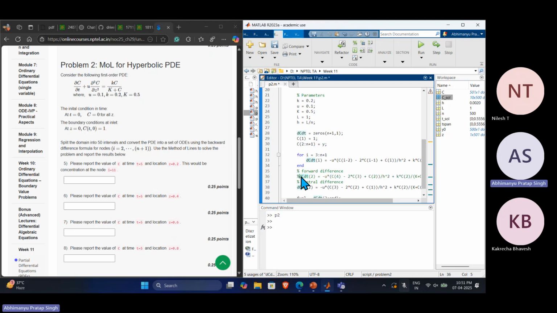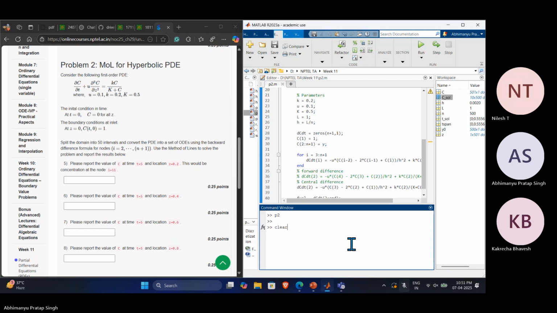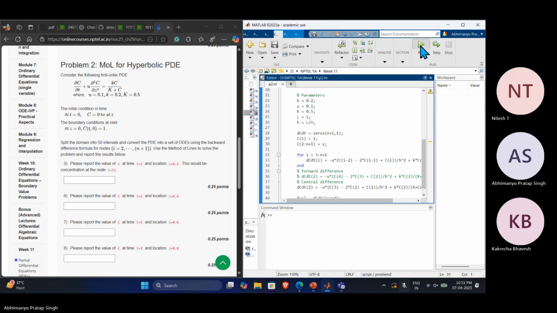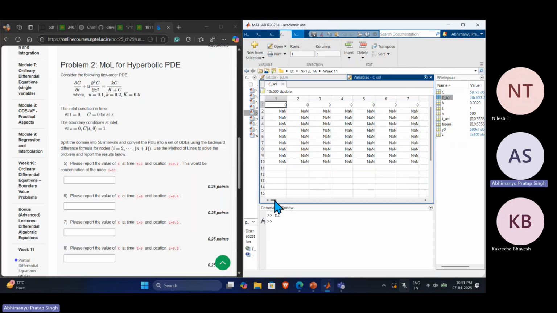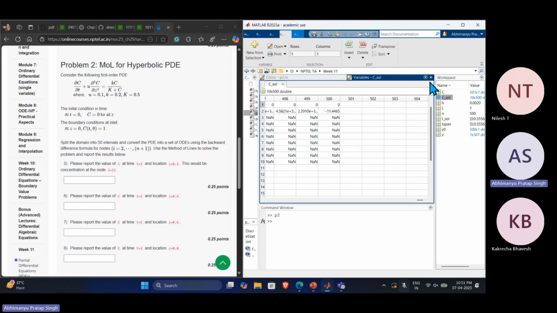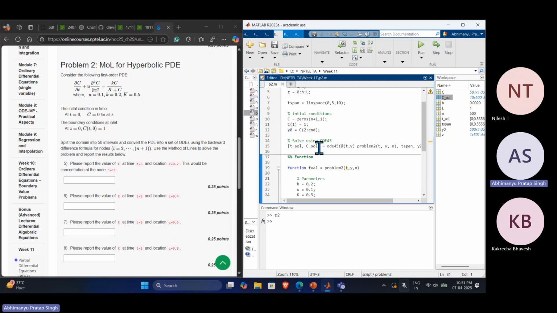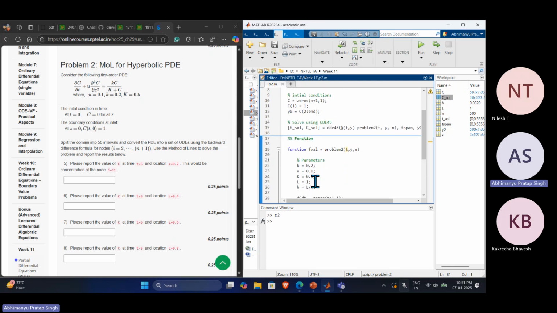Comment this. This is also NaN. There is some issue with the problem itself. The parameters are not correct. Something is there. Minus 1.